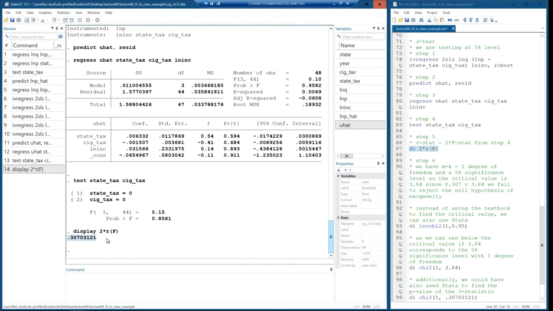So if the instrumental variables do have some explanatory power of the variation in the residuals, then we say that they are not exogenous, they are endogenous.